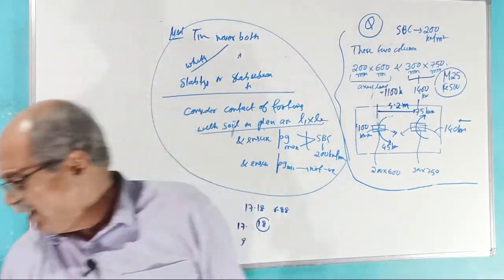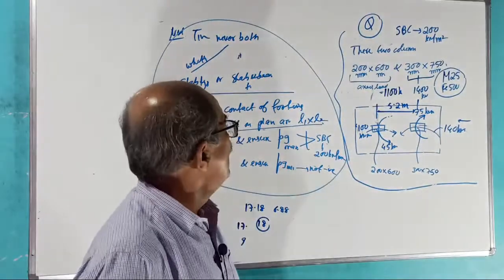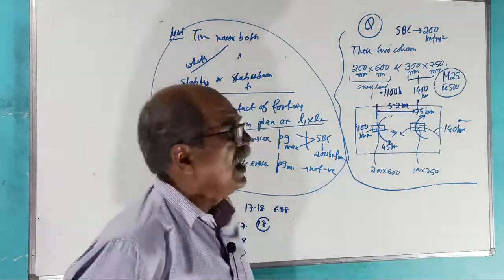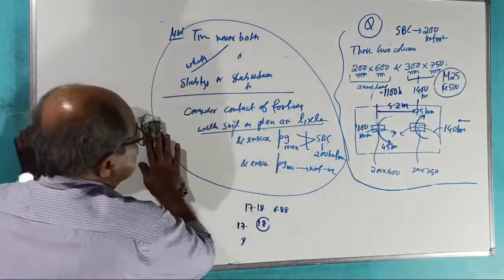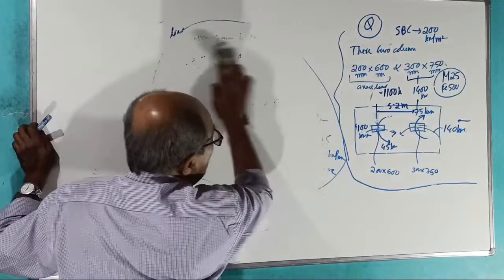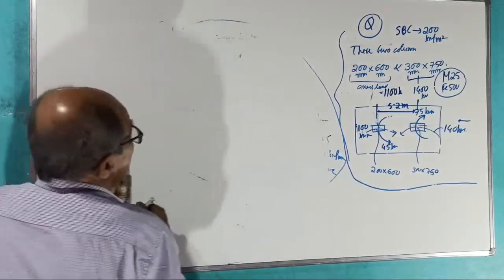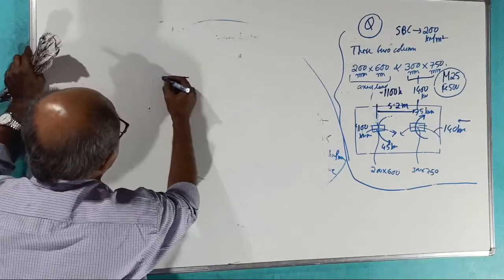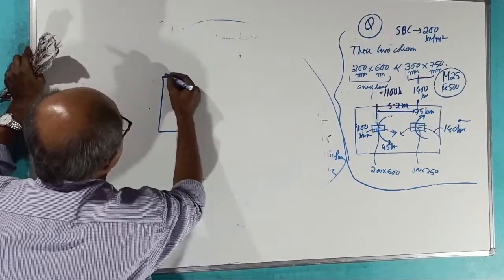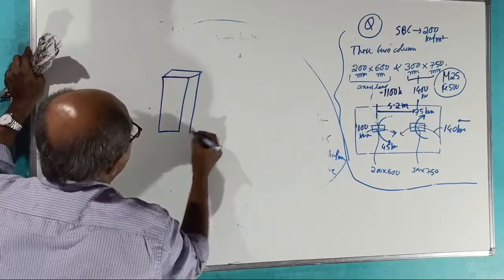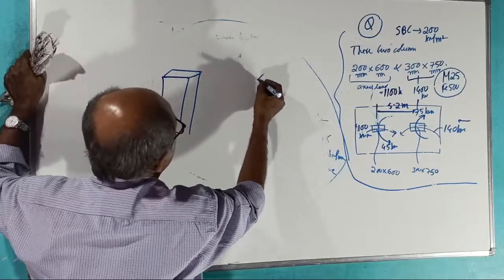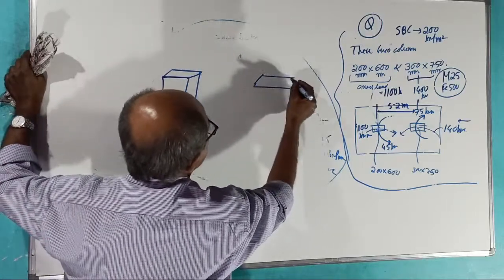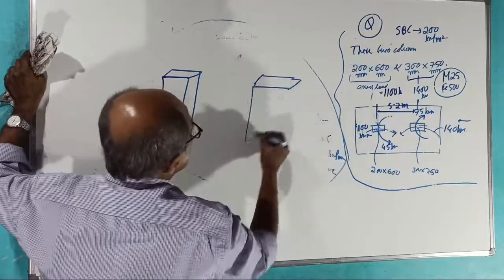So, I will read the question once again. Two columns, I will do one thing now, this I will remove now, or if you want to understand more clearly, there is one column here. Another column here, little bigger, placed like this.